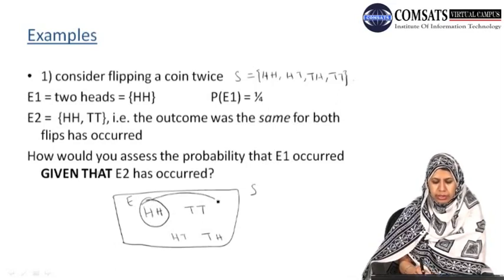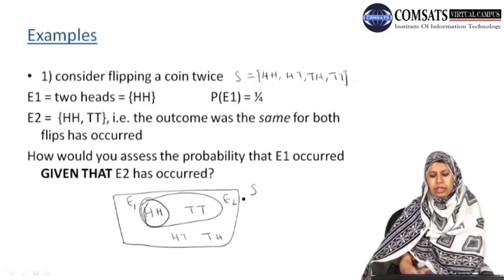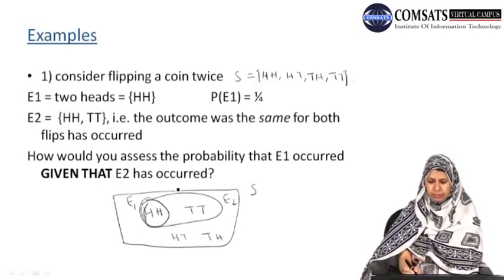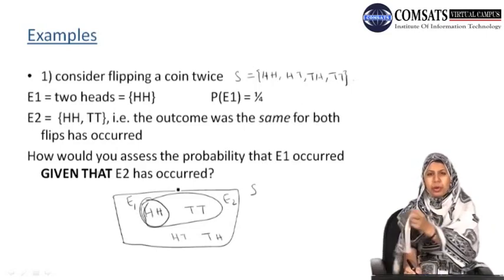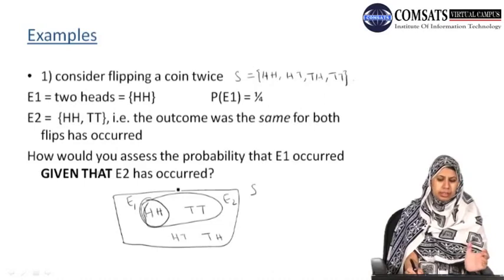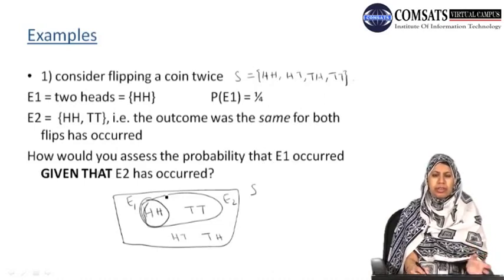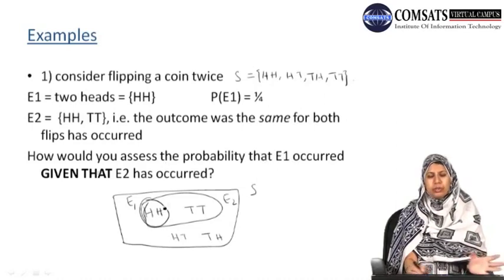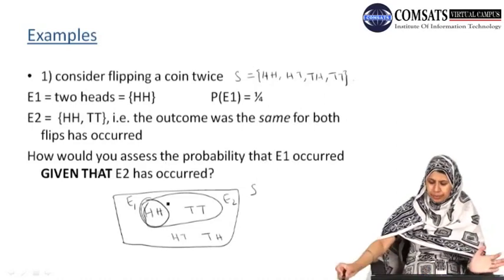This is our event E1, this is our event E2, and this is our whole sample space. And we have to find the conditional probability of two dependent events, the probability of the event E1 given that the event E2 has already occurred.